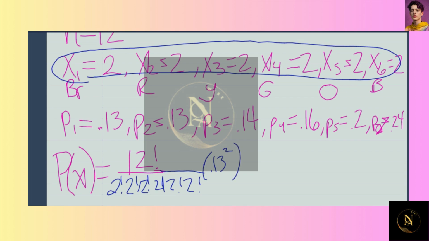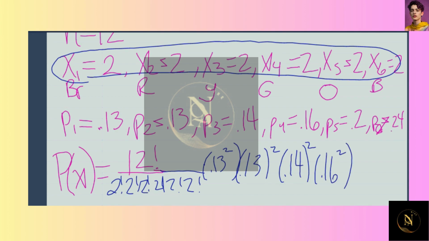And then we're going to do 0.13 to the second power, and then 0.14 to the second power, 0.16 squared, 0.2 squared, and 0.24 squared.